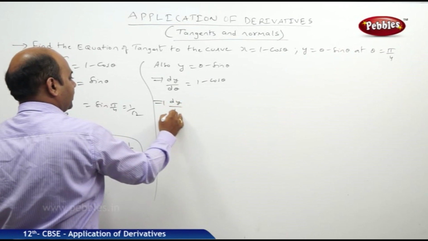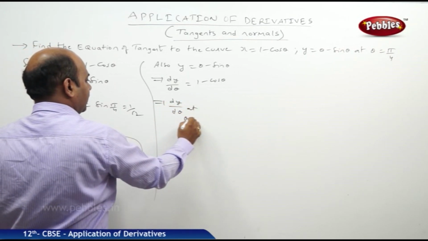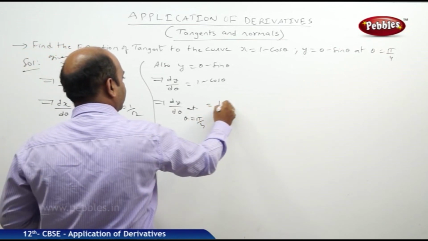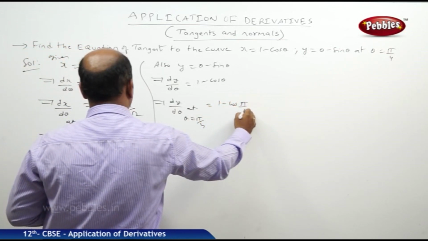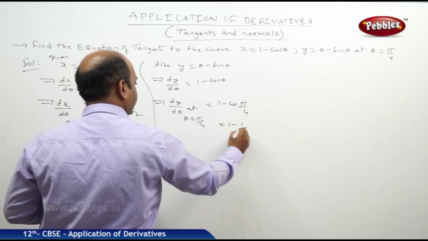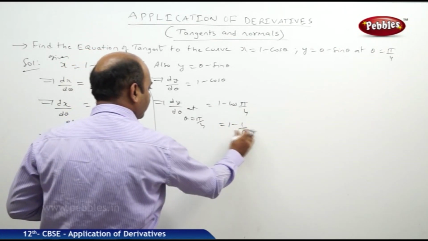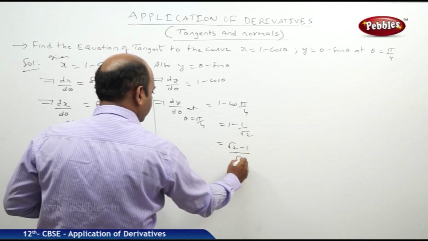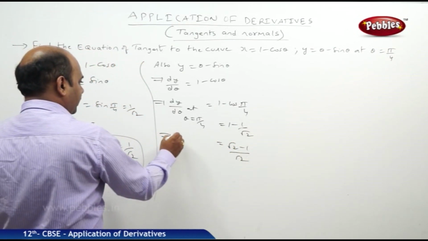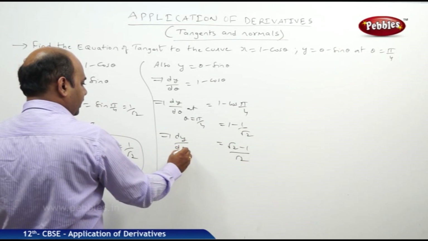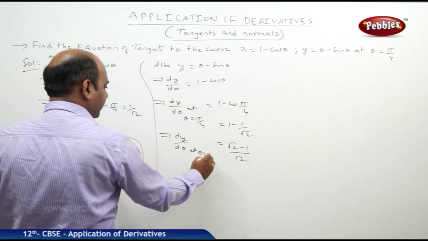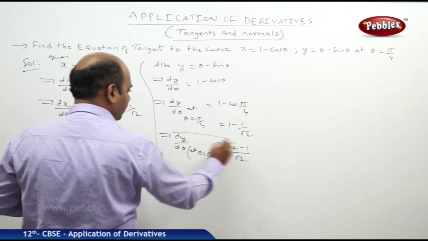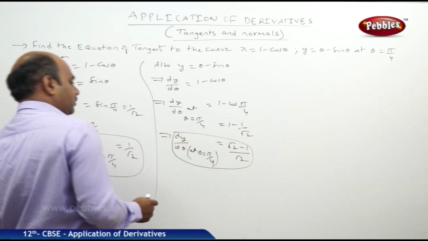So dy by d theta at theta is equal to pi by 4 means 1 minus cos pi by 4. So 1 minus cos pi by 4, where cos pi by 4 is 1 by root 2. So this can be written as root 2 minus 1 by root 2. Therefore dy by d theta at theta is equal to pi by 4 will be root 2 minus 1 by root 2.